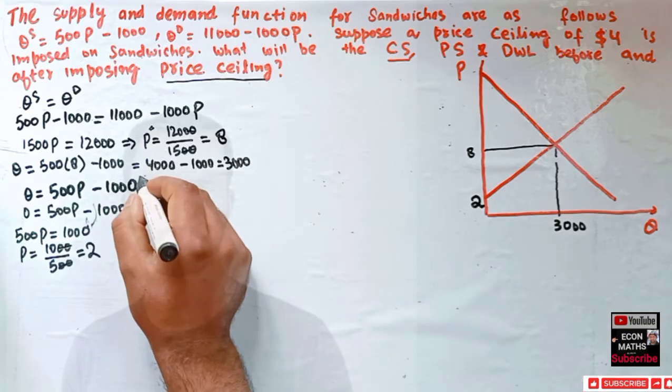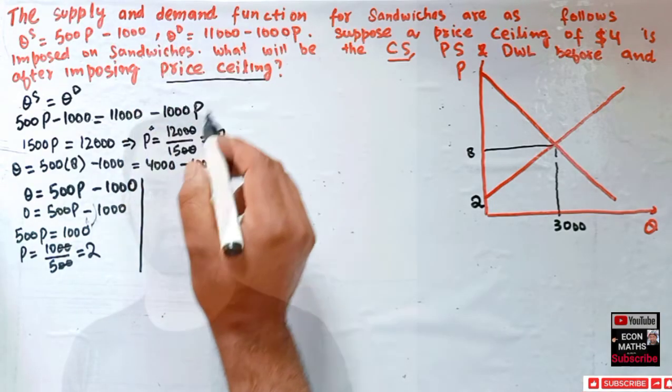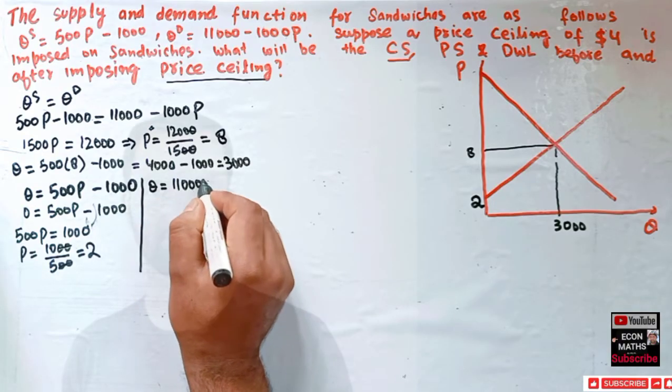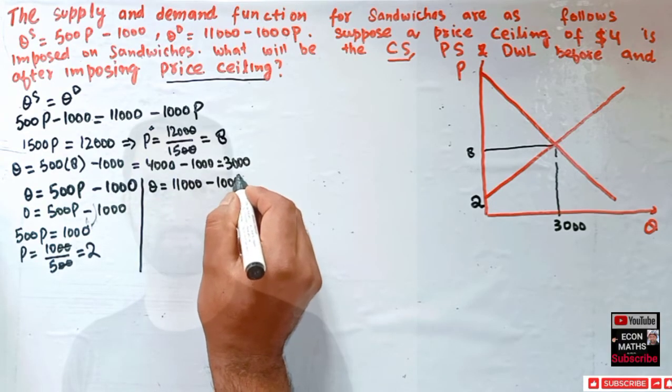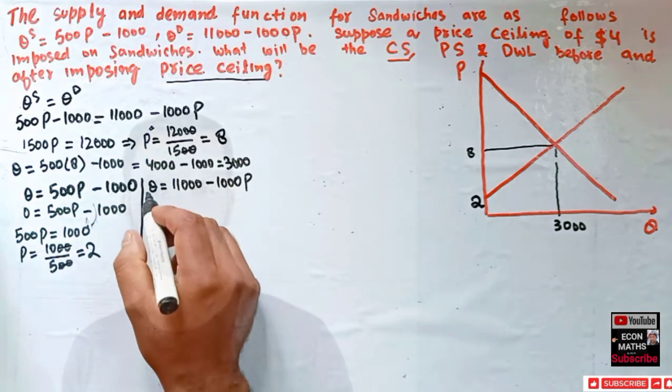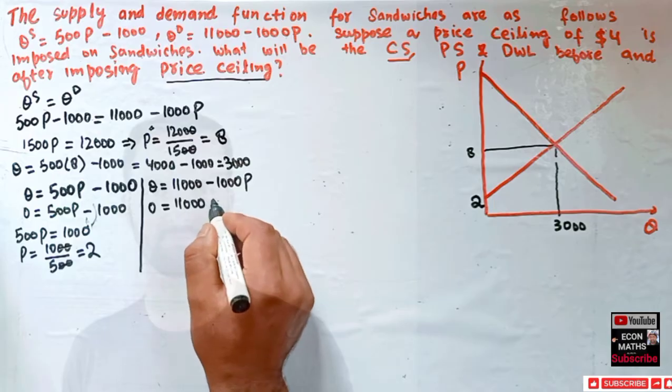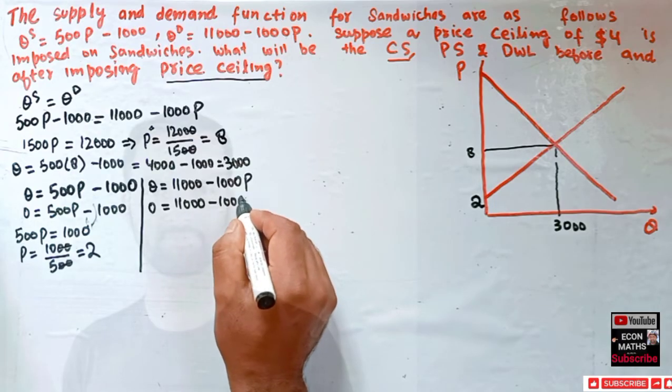Also finding the intercept of the demand function, our demand function is q is equal to 11,000 minus 1000p. Set q is equal to 0, that means 0 is equal to 11,000 minus 1000p.